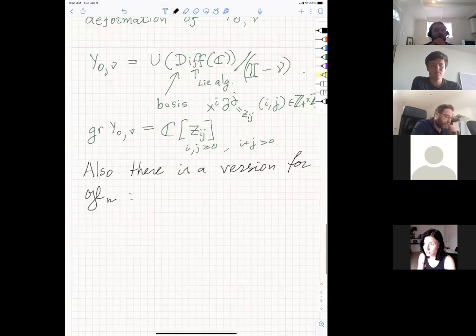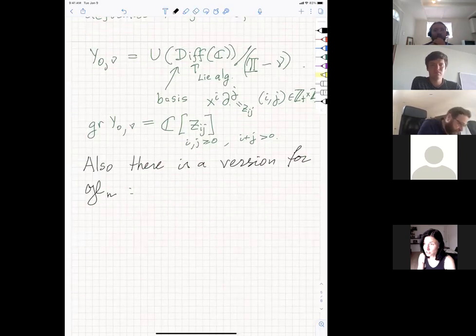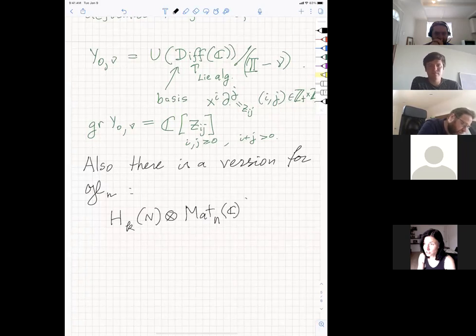And to define this version, what we need to do is we need to take this H_k of capital N, and we should tensor this with matrices of size n to the nth power. And then there is a symmetric group sitting here and also here.